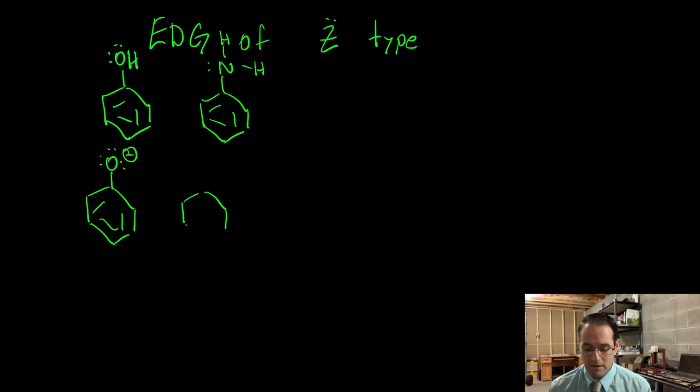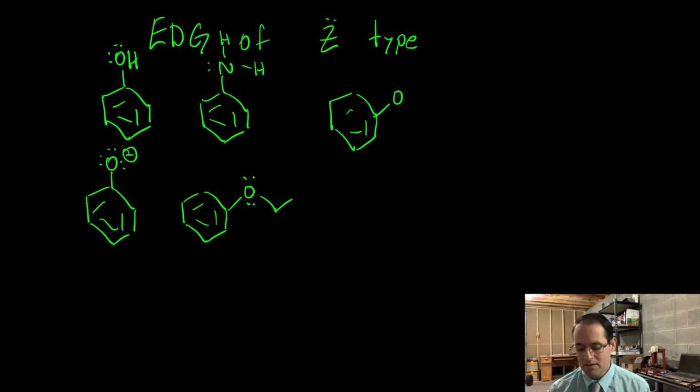You can also have various types of ethers. For example, ethoxybenzene is going to be activated because we have an oxygen atom right adjacent to the aromatic ring with lone pairs. You can also have a variety of esters and things like this.